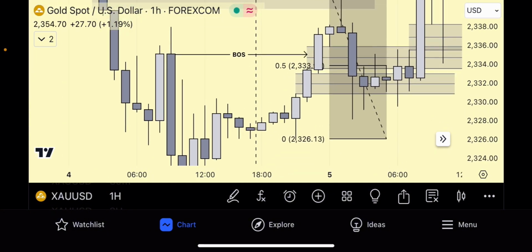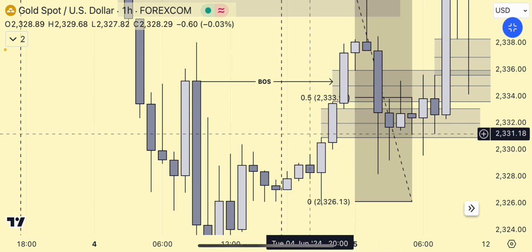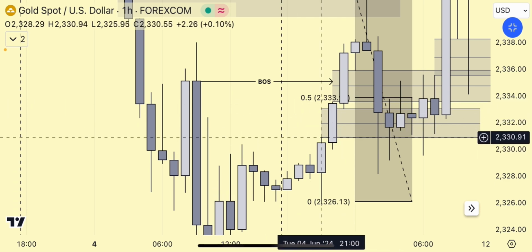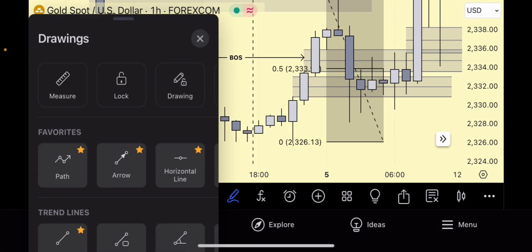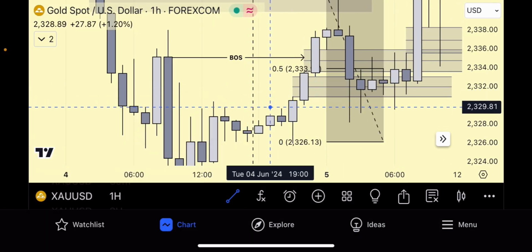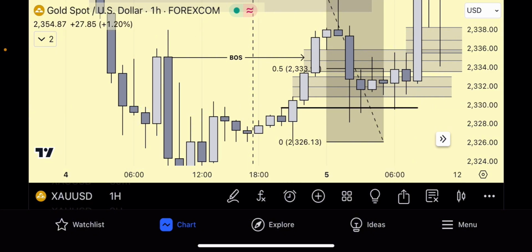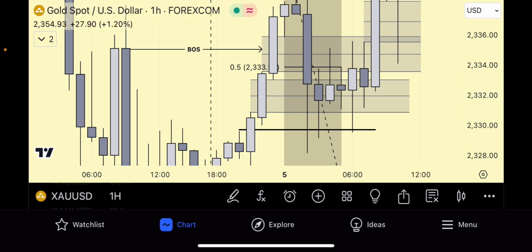Below the 50% of this Fibonacci, we have our fair value gap 1, fair value gap 2, with other juicy stuff. We can see this as another block right here, and this is a fair value gap, and this also is a fair value gap.